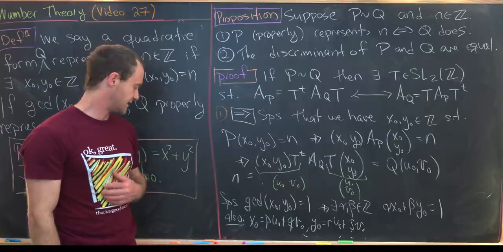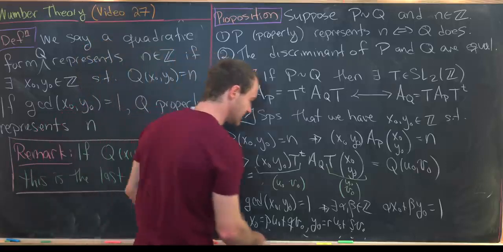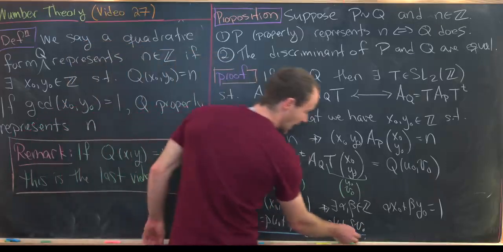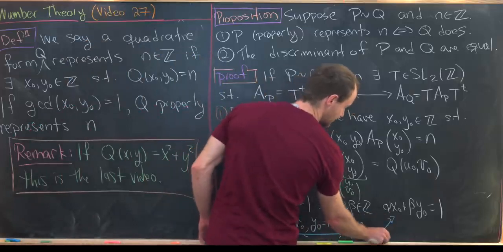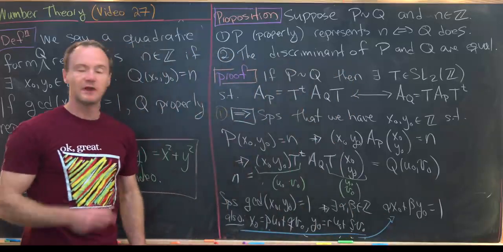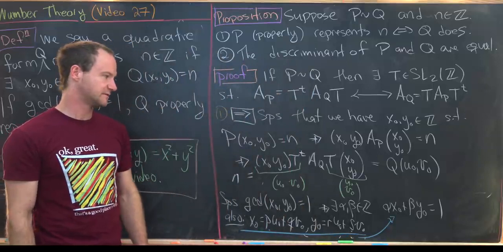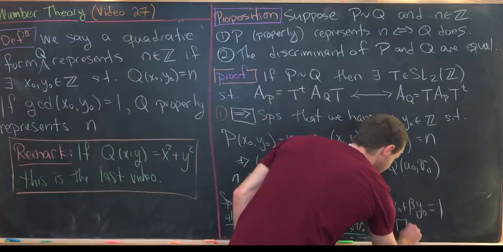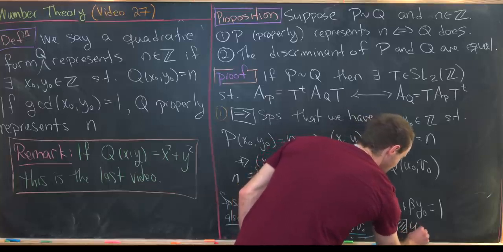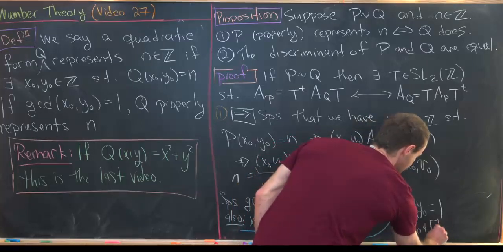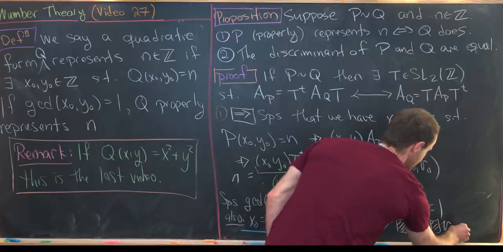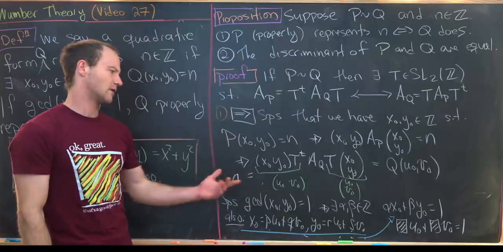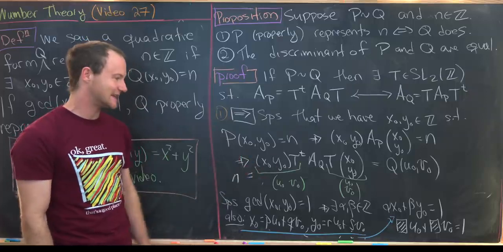Okay, so where do we go from here? Now we'll take these two expressions for x naught and y naught and plug them up here into x naught and y naught. Then we can reshuffle a lot of things, and we'll see that we form an equation which is something times u naught plus something times v naught equals 1. It doesn't quite matter what those coefficients are. It's easy to calculate, though.